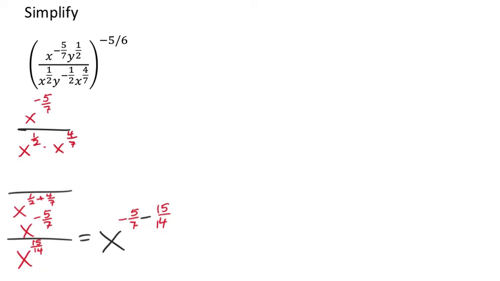So I'm just putting this into the calculator to give me my new exponent for x, negative 5/7 minus 15/14, and it gives me negative 25/14.